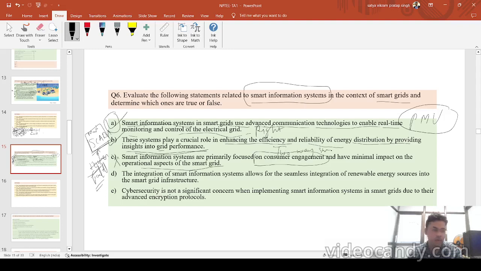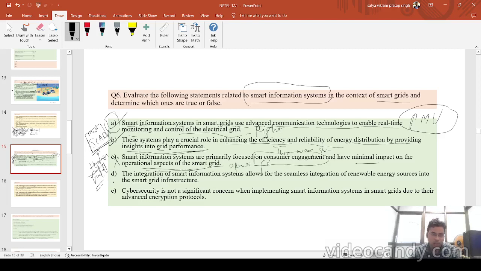But minimal impact on the operational aspect is false. They have a high amount of operational impact. They can manage the grid remotely. They can observe the frequency remotely while using the wide area management system.